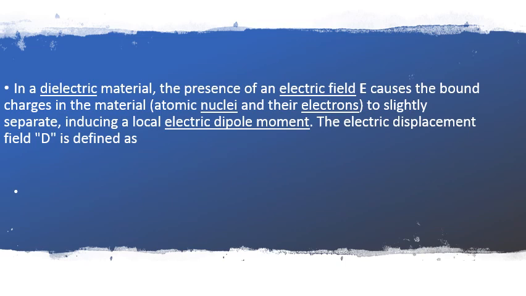This introduces a local dipole moment, and this local dipole moment is represented by electric displacement. So you can say the field is applied from outside, but this local dipole moment exists here.